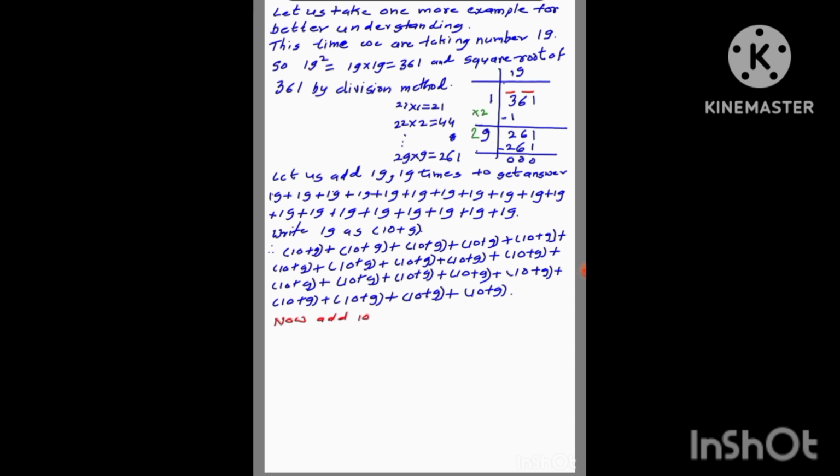Always this is a procedure. 10 times, collecting or taking 10 from 10 brackets. So getting 10 into 10, that is 100. Here I am cancelling, as I am taking it for calculation. I am taking 10 into 10 is 100.